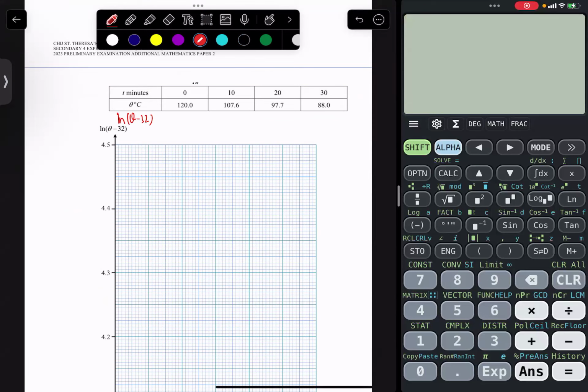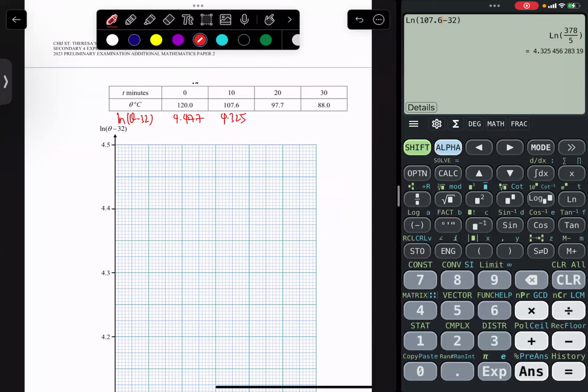So ln of 120 minus 32, we have 4.477. And then the next one would be 107.6, 4.325.